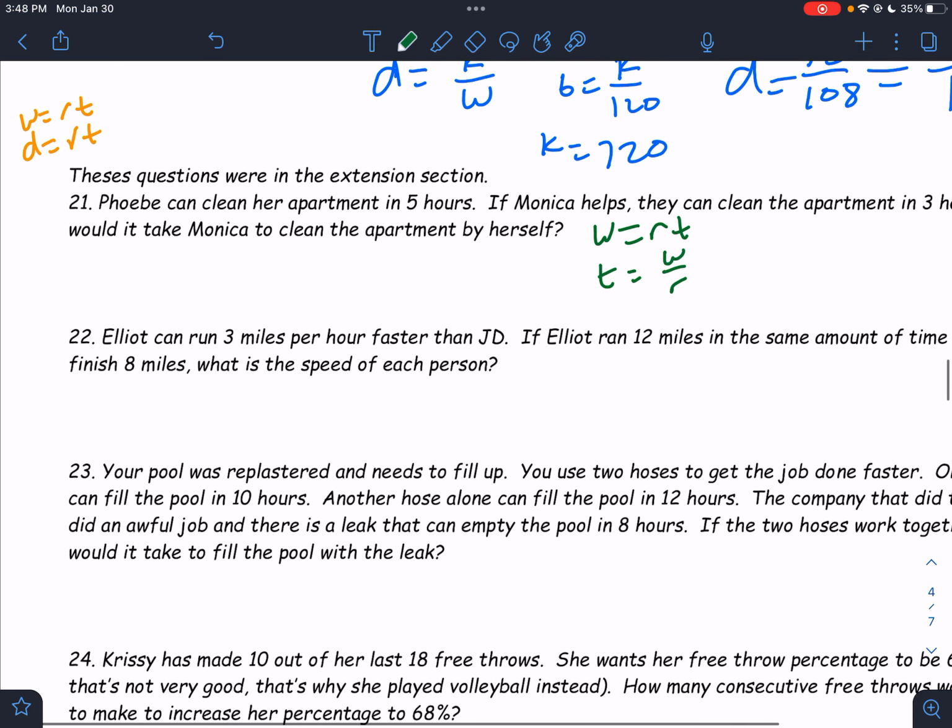Okay, we're back. 1 job every 5 hours for Phoebe. 1 job every unknown for Monica, and it's going to equal 3 hours when they do it together. So it's the rate, the work divided by the rate equals the time.